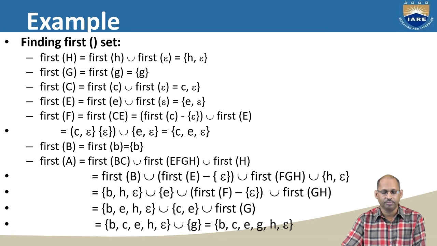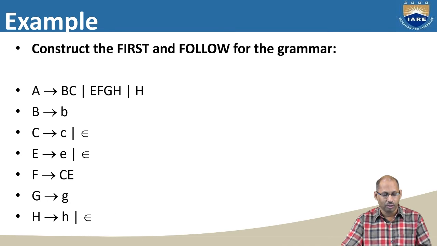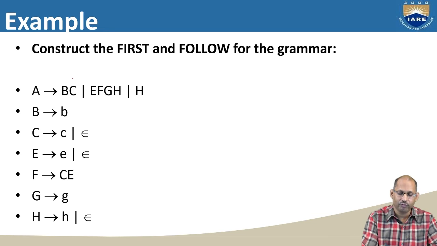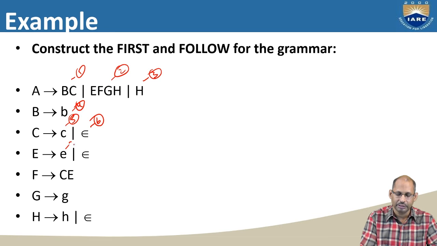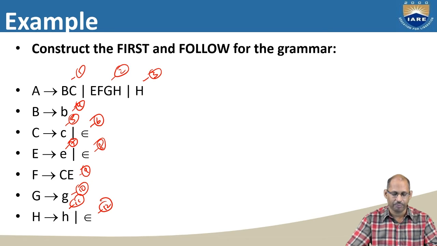The first one, we take in reverse. First of H. First production, second, third, fourth, fifth, sixth, seventh, eighth, ninth, 10th, 11th. So we have 12 productions.